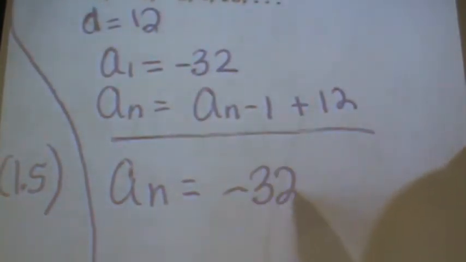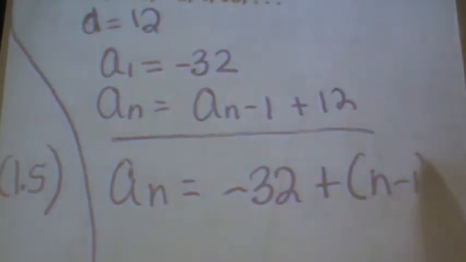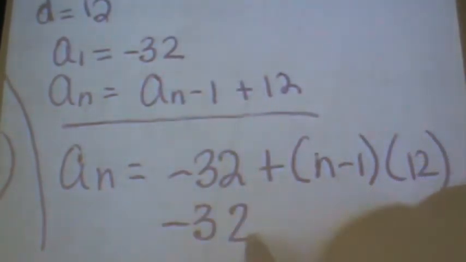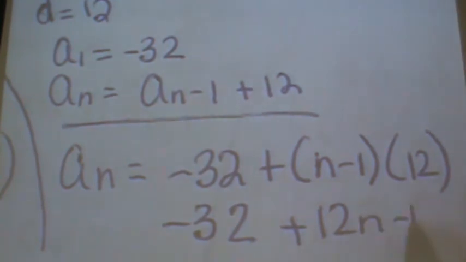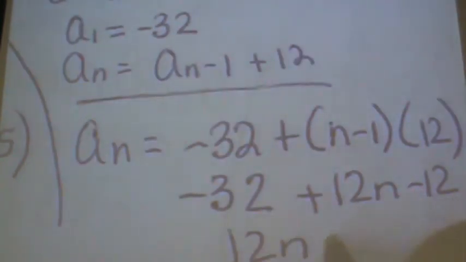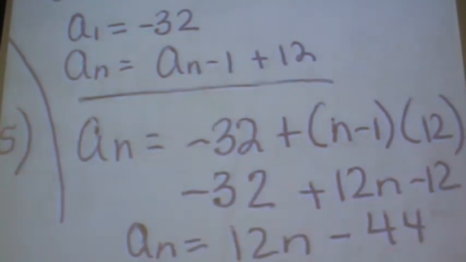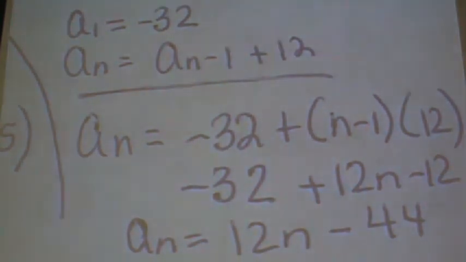Negative 32 plus n minus 1 times 12. And how could we simplify this? 12n minus 44. Okay, can I see a thumbs up if you understand this?